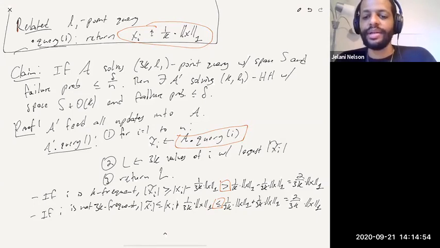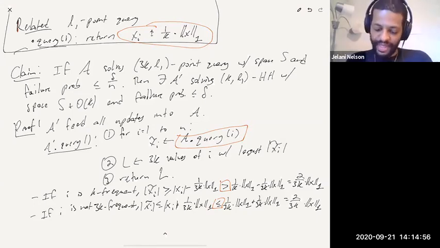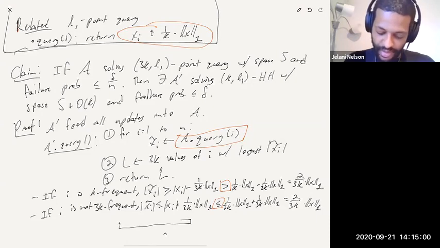Basically, you can imagine, if I sort them, this is the top K people. This is the next top K. This is the next top K. So these are the top 3K people.